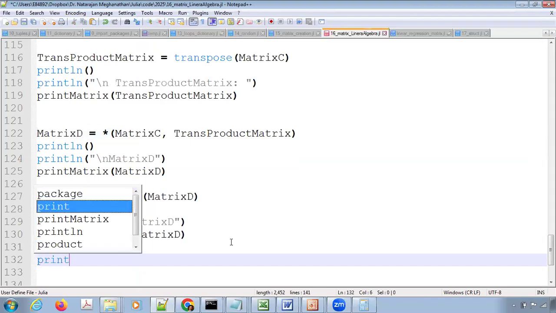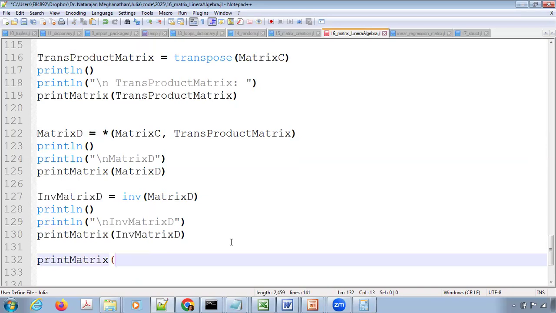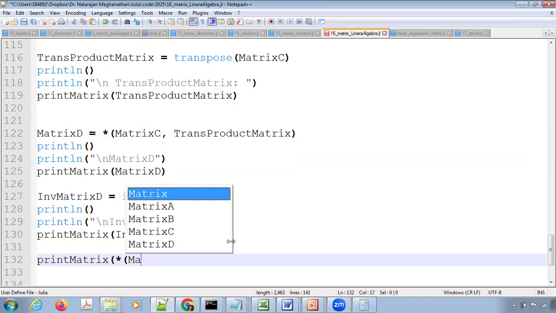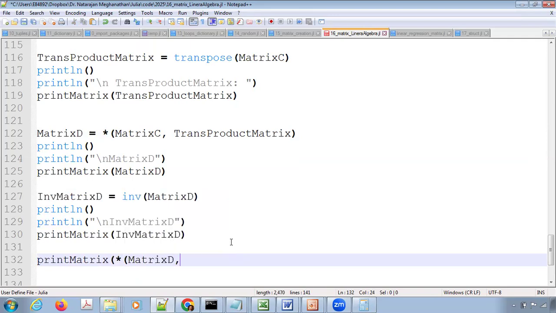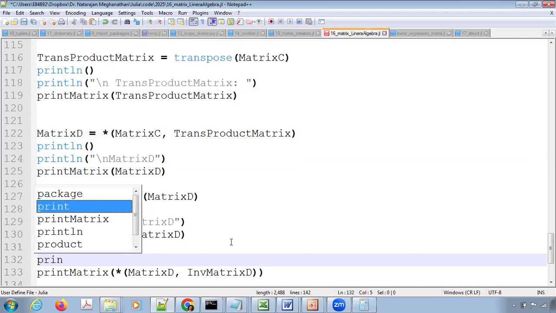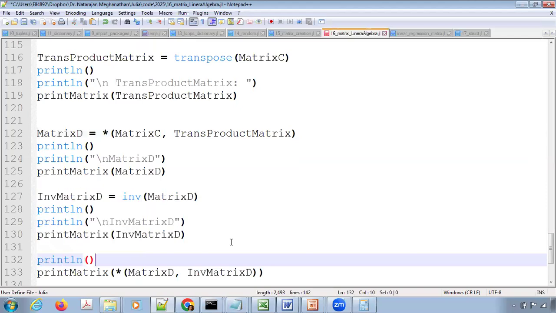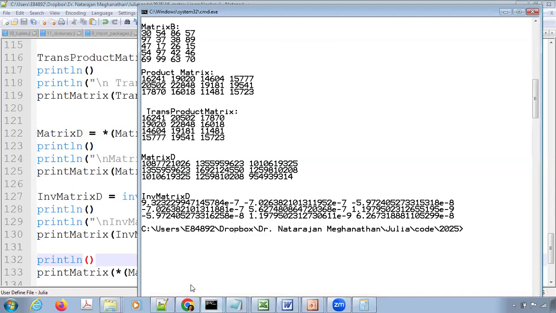So you can call the print matrix function right away and do this multiplication here, which is going to be the matrix D and its inverse. I'll just print it, and that's going to be definitely an identity matrix.